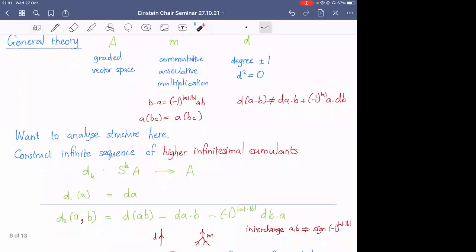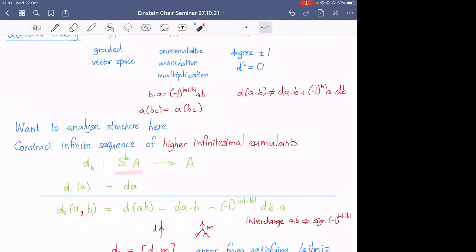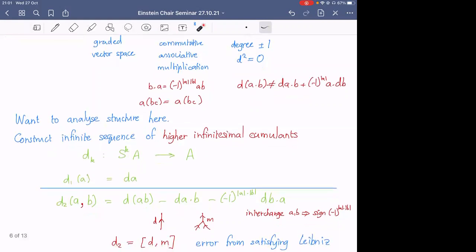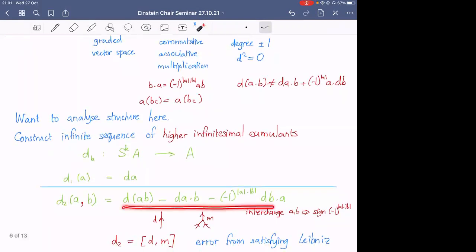These are going to be maps from the symmetric powers of A to A. The first, D1, is just D. D2 is the error from being Leibniz, so that you can think of as the bracket of D and M.